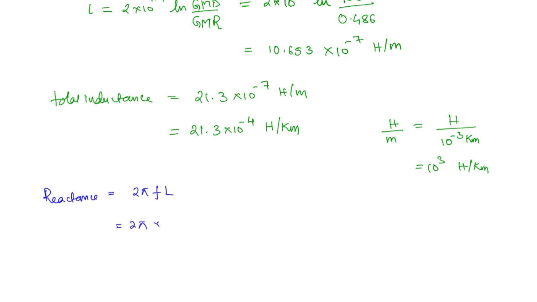So 2 pi into frequency is given as 50 Hertz into the inductance is 21.3 into 10 to the power minus 4. This will be what? Ohm per kilometer. So this you are going to get 0.669 ohm per kilometer. This is the reactance.